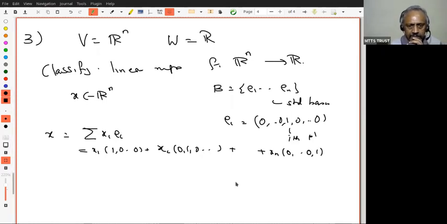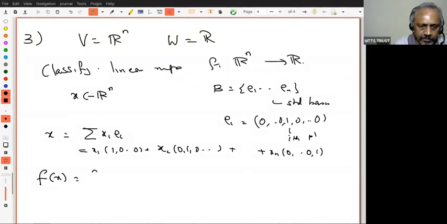You understand? Right. Now suppose f is a linear map. If f is a linear map, then what should be f of x? f of x will be f of x1 e1 plus x2 e2 plus dot dot dot xn en. Now f respects addition.